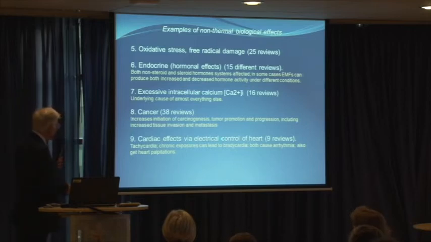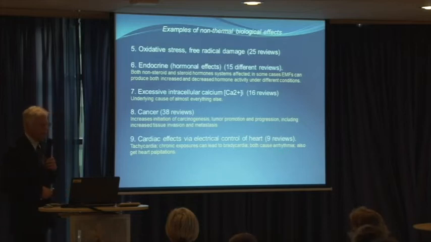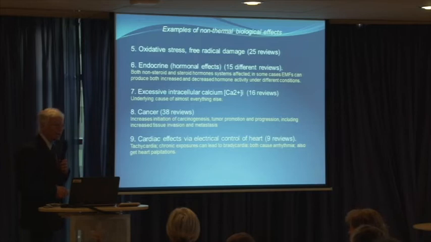There are cardiac effects on the electrical control of the heart. And they can cause both tachycardia, rapid heartbeat, and bradycardia, slow heartbeat. These involve long-term exposures, and these are also produced instantaneously. You get arrhythmias in both cases. Arrhythmias are often associated with sudden cardiac death. We have, as you probably know, a huge epidemic of sudden cardiac death occurring in apparently healthy athletes dying in the middle of an athletic competition.